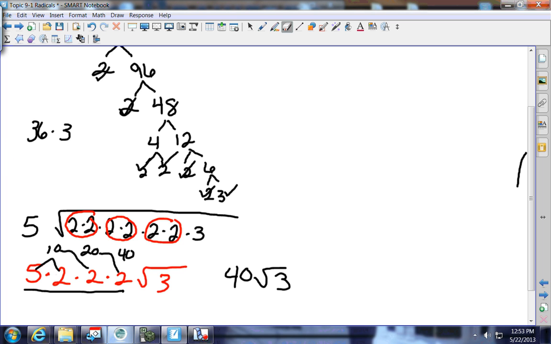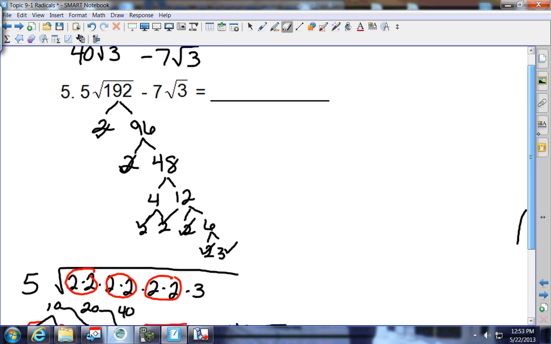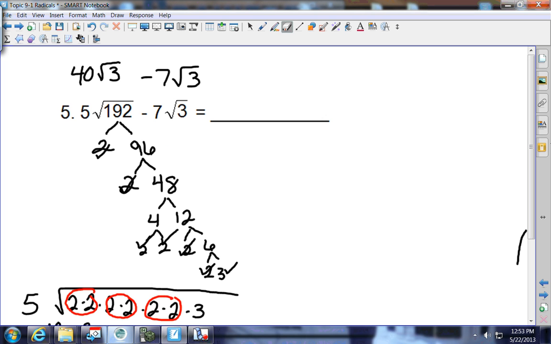I don't know. If you can find the perfect squares in there, more power to you. That's what I'm saying. This is the easiest way for me to make sure I don't make mistakes. Now I go 40 minus 7, which is 32 square root of 3.